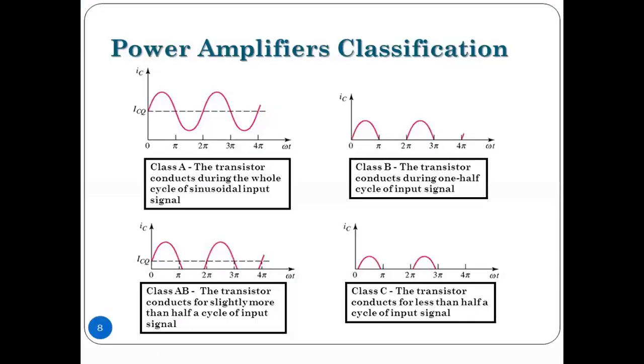If you observe the figure, this is the class AB amplifier output, the third figure. In this figure, the transistor conducts greater than 180, 0 to pi is 180 and it goes beyond that. So if you observe the point here, it conducts greater than 180 but less than 360. 360 means 2 pi. It is not conducting up to 2 pi.